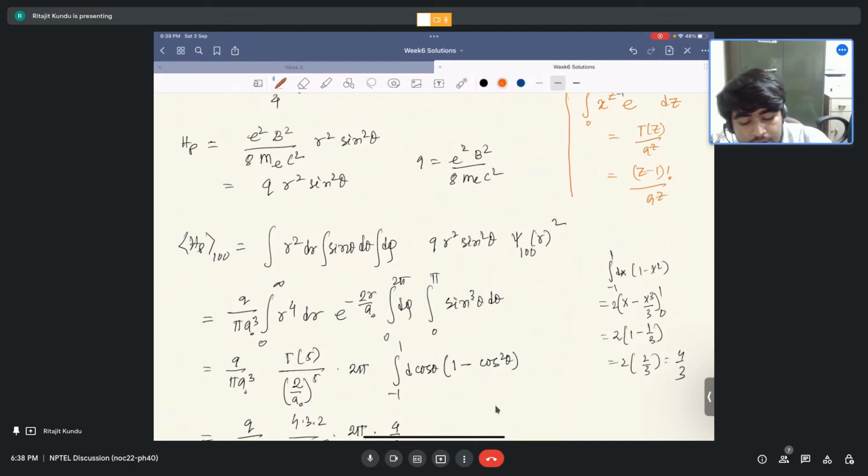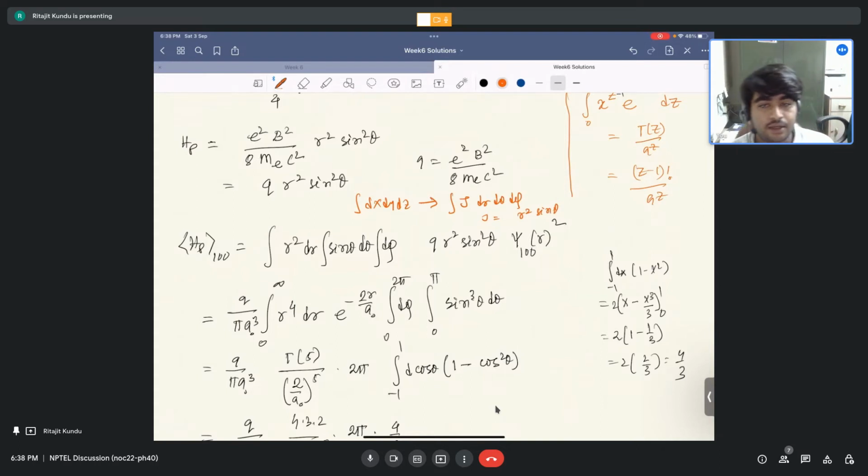If we have dx, dy, dz and we want to go to spherical polar coordinates, it becomes some Jacobian times dr, d theta, d phi. In this case the Jacobian is a function of r, theta and phi, and it turns out to be r square sine theta.